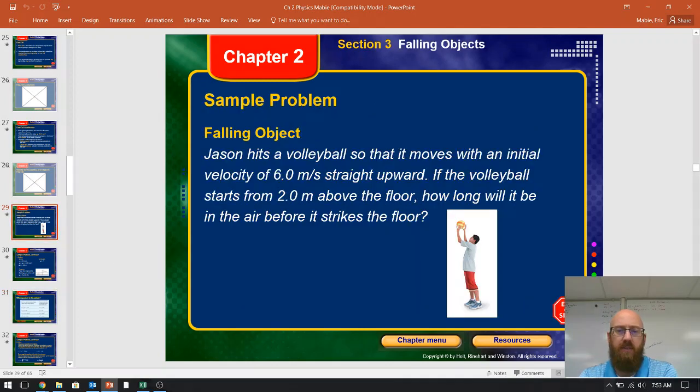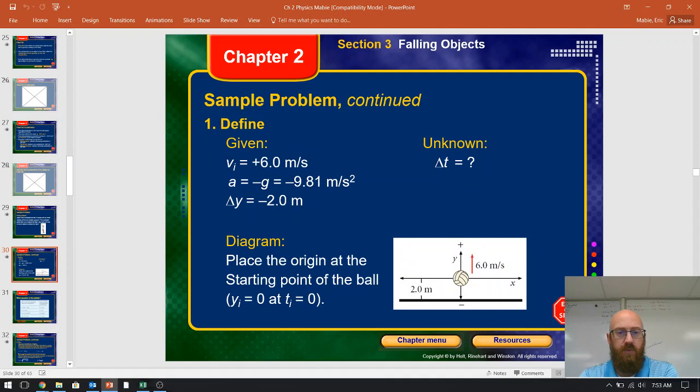Is there something that we haven't accounted for? Before it strikes the floor. So, we've got a 6. So what equation would you pick?